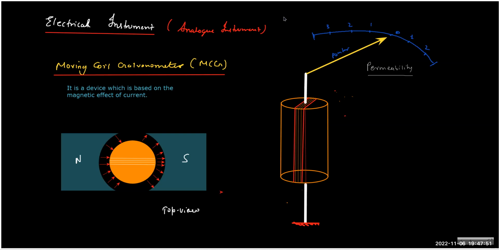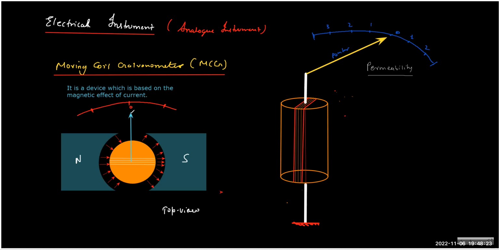So generally we represent something like this. Whenever there is a current, you also need to understand that 0 is put at the center, in the middle, in devices where deflection can occur in both directions.